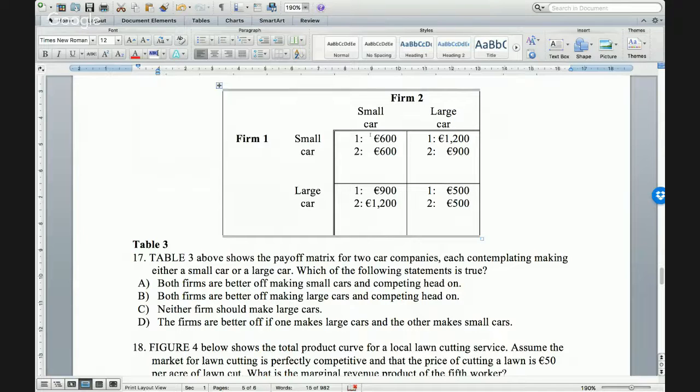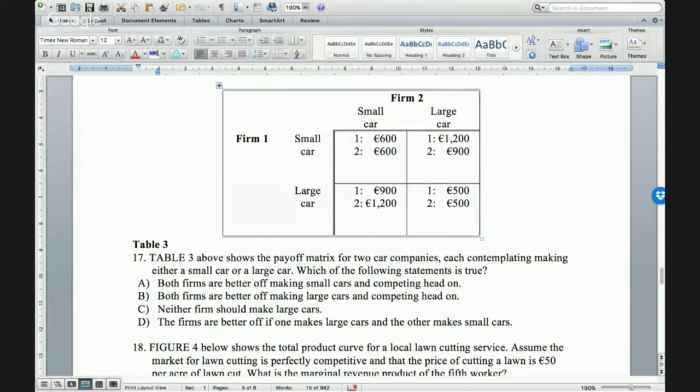So a firm doesn't have to have a binding contract with another firm in order to keep prices or outputs at a certain level. So if both firms agree on producing a small car with a profit of €600 each, firm 2 could come along and start producing large cars instead. And as a result, they'll make €1,200 profit, and firm 1 will make only €900 profit on their small car.